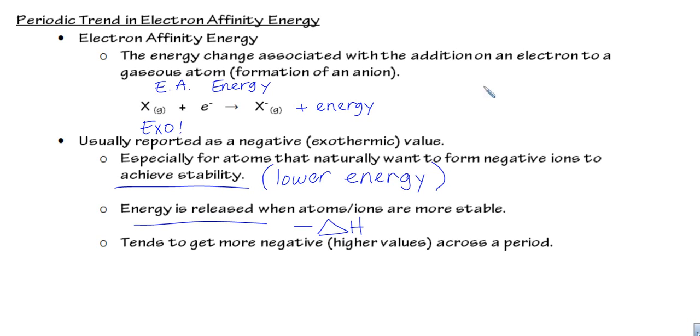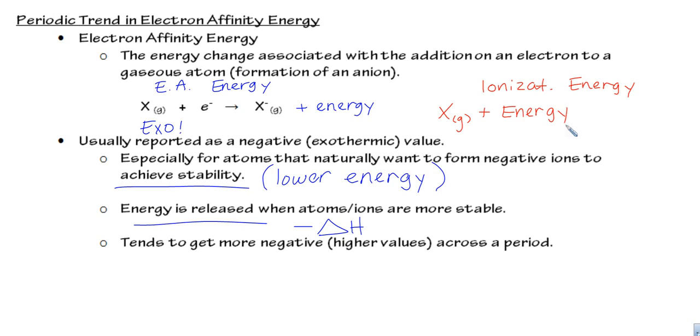On the flip side, ionization energy was the opposite. This is ionization energy. That's where you have some gaseous atom and we want to remove an electron. So now to remove an electron, we have to add energy.